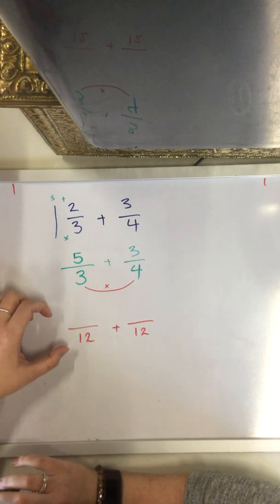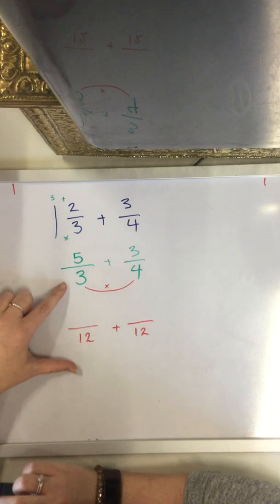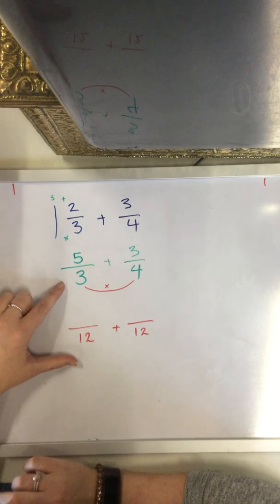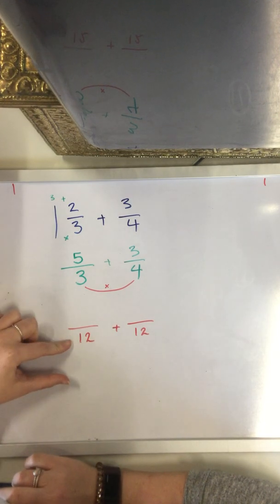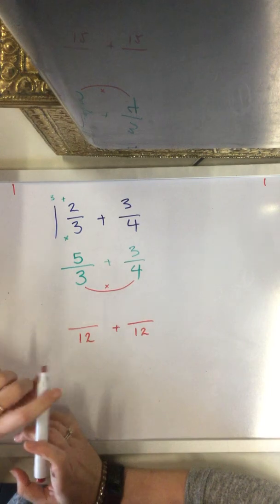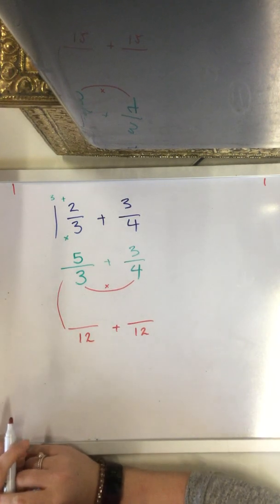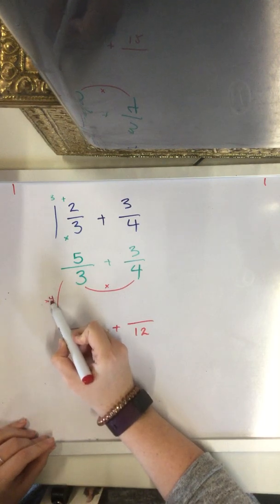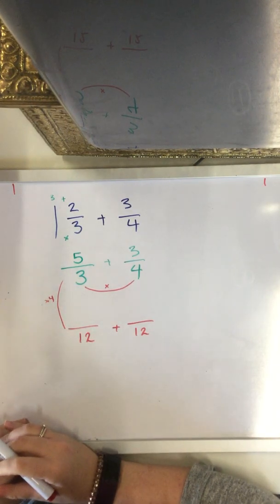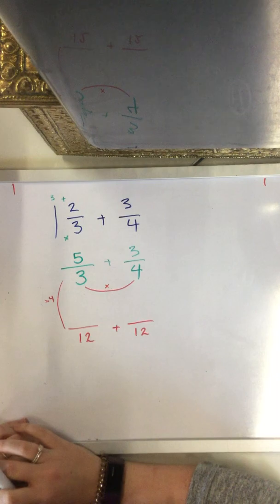So what we are going to do is ask ourselves, how did I get from 3 to 12? What did I do? Well, I multiplied the 3 by 4, and that gave me 12, also because the 4's over here.